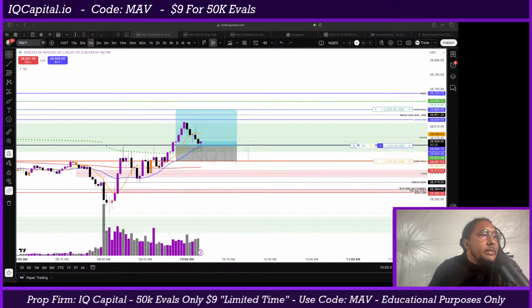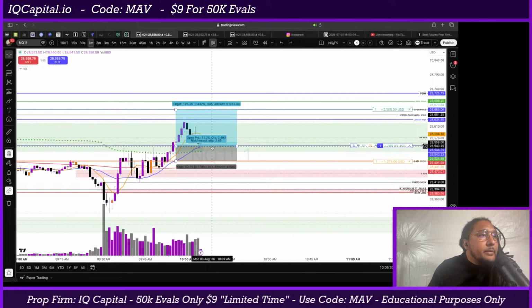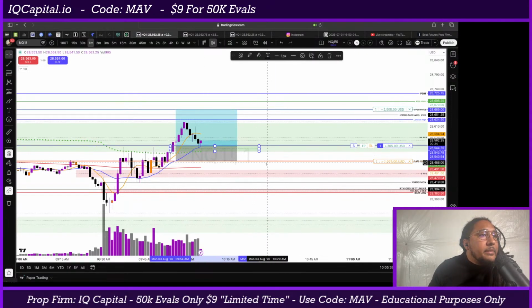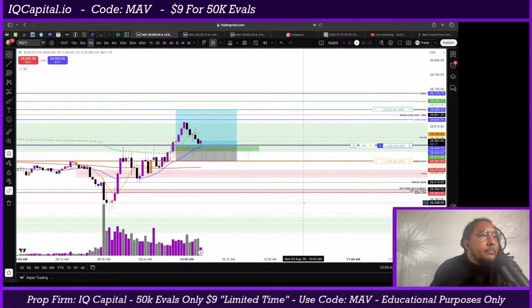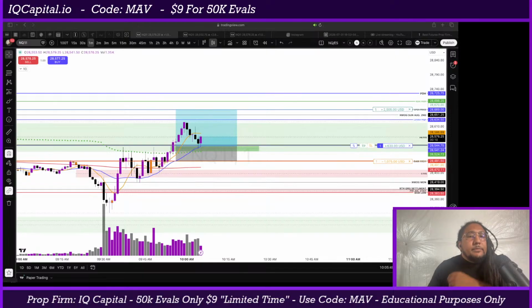I'd like to see, when it tapped in, for it to show us some speed to the upside. But it is getting some play to the upside here. So let's see where we go. Again, I'm targeting our New York Open, midnight open, which is always a good draw on liquidity.